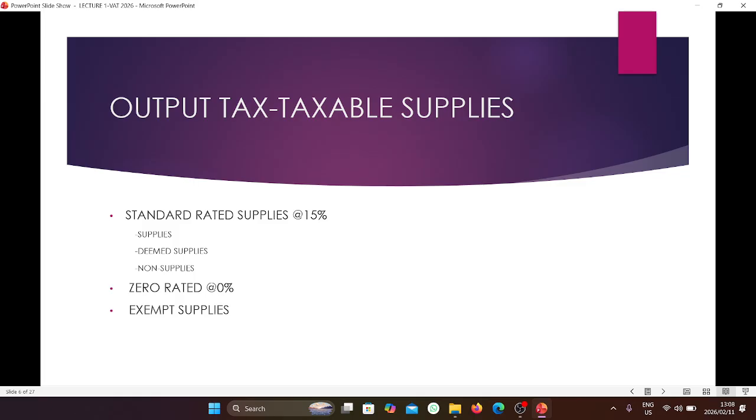Very important, the distinction of making sure that if something is zero rated, you have to state the VAT at 0%. Why? Because sometimes as a taxpayer, as a VAT vendor, you are making taxable supplies that are zero rated, but you are using supplies that are standard rated.